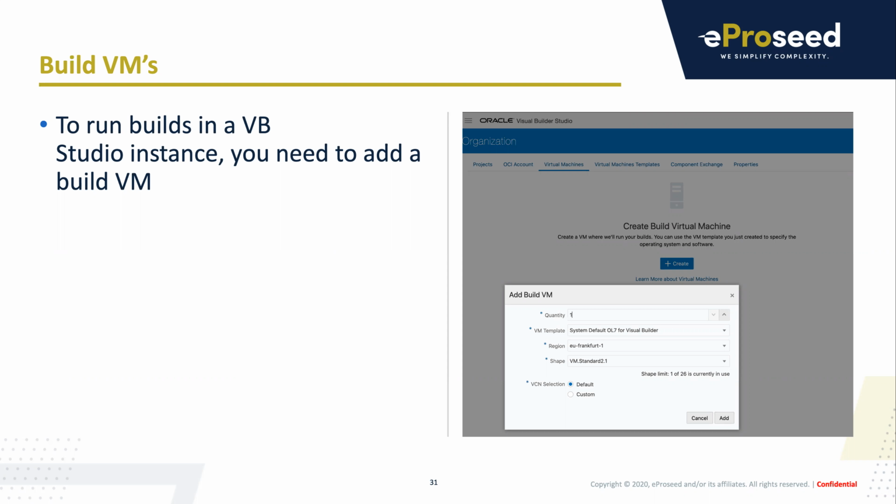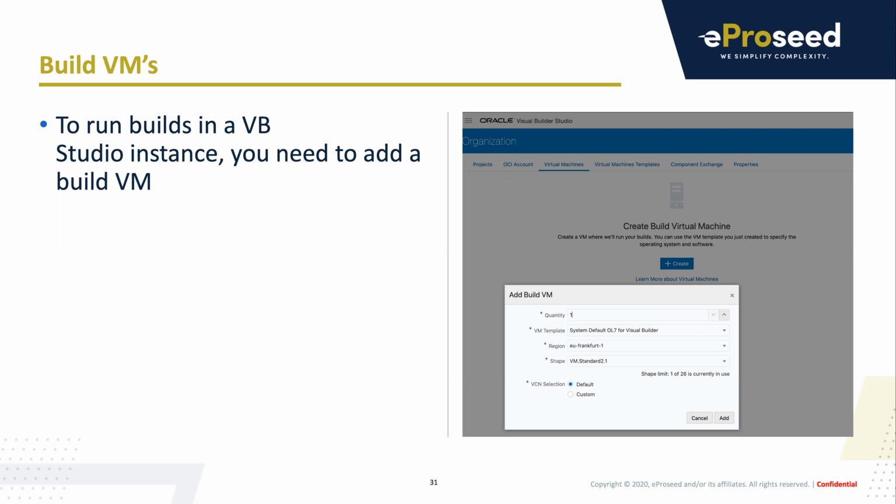There are templates which are provided. You pick your specific template that you need, your region, your shape, and then click add, and there will be a virtual machine to run your builds. So OCI setup, build machine, build VM setup.